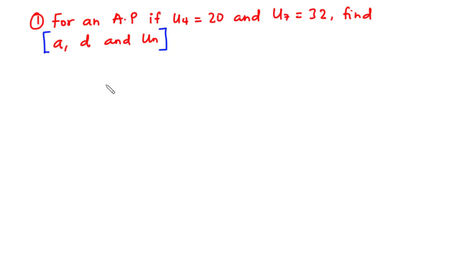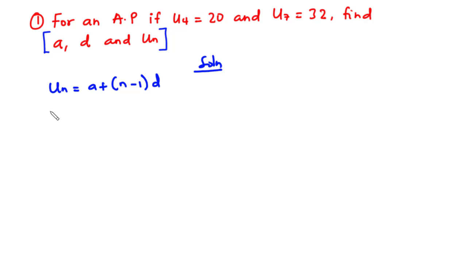So first of all, let's write down the general term of an AP. So the general term of an AP, un, is equal to a plus n minus 1 multiplying d. Now from the question we know that u4 is 20 and then u7 is 32.